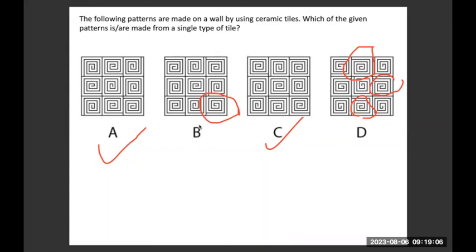That's why B and D have two different tiles possible versus A and C are made up of only a single type of tile. In the question, it is not written that we cannot. How can we know? Because it's a ceramic. We can know that because it's a ceramic tile. So in your home also, if you have seen the laying process of ceramic tiles, it is a square and you can rotate it and put it however you want.